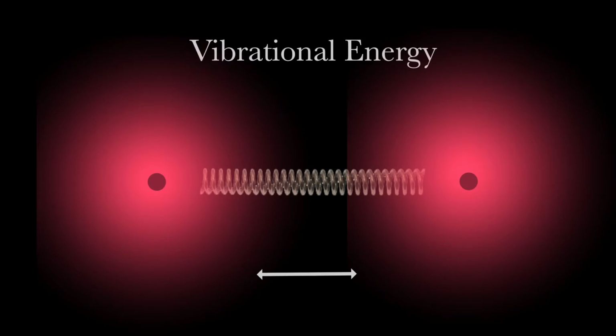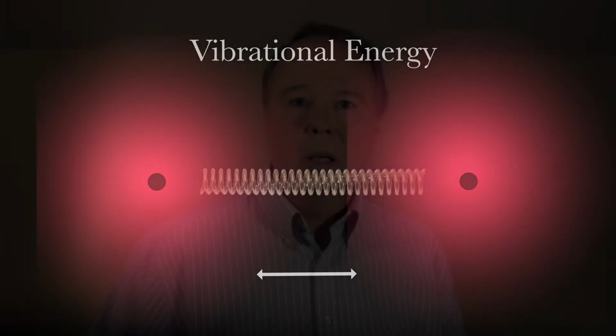Vibrational energy describes the motion back and forth within the bonds of a molecule. The bond is often described as a spring between the two atoms that oscillate. The energy changes during the molecular collisions or by the exchange of an electromagnetic pulse.